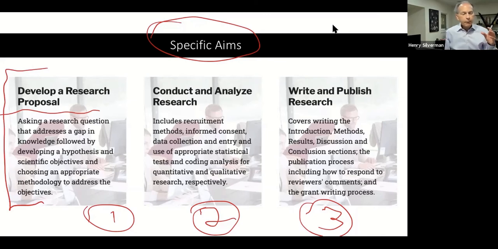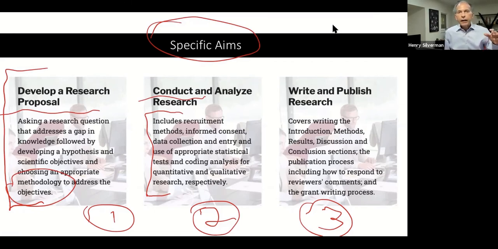After we have the proposal, developed the scientific objectives, and have chosen an appropriate methodology, then we want to begin the process of conducting the research, which includes recruitment strategies, informed consent, data collection and entry, and the use of appropriate statistical tests. And if you're doing qualitative research, then the use of coding analysis.